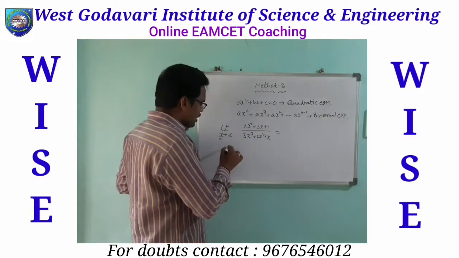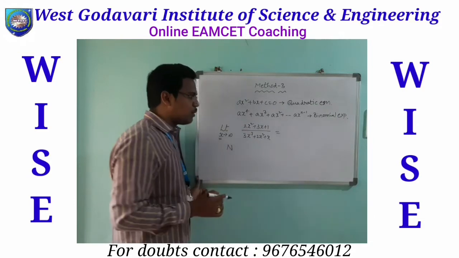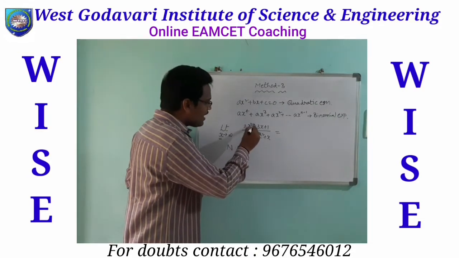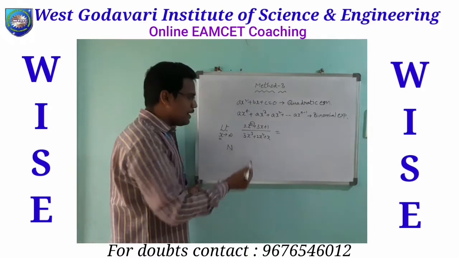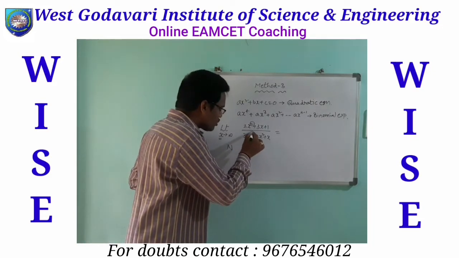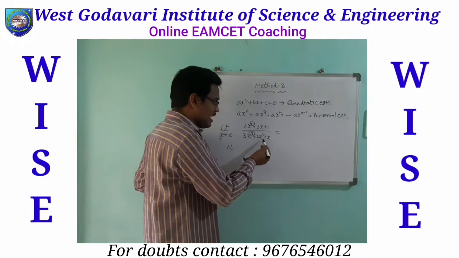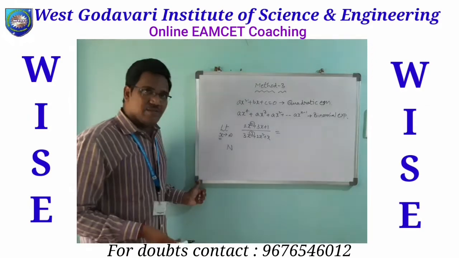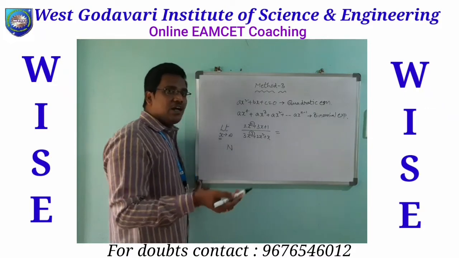Here in the numerator, 2 is the highest coefficient, and the highest power is x square. Coming to the denominator, what is the highest power? The highest power is 3, because here it is x cube. So x cube is greater than x square and x. This is the highest power in the denominator and this is the highest power in the numerator.